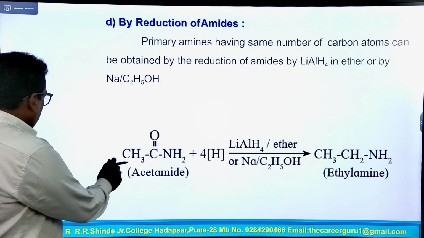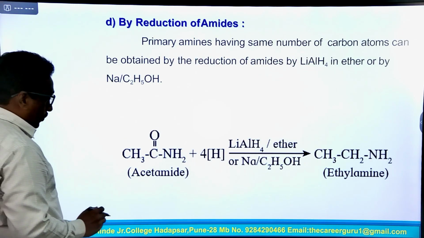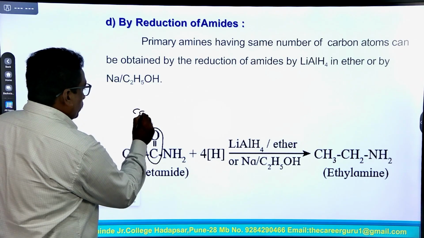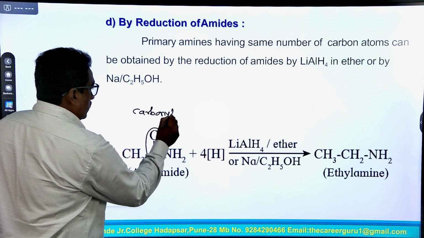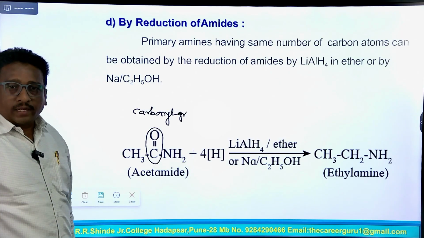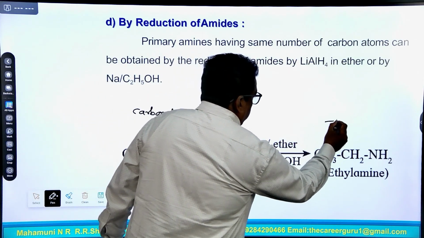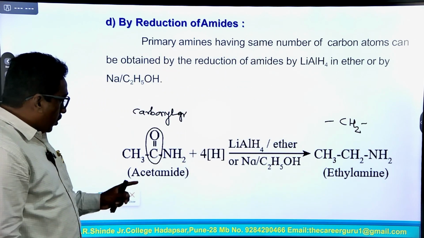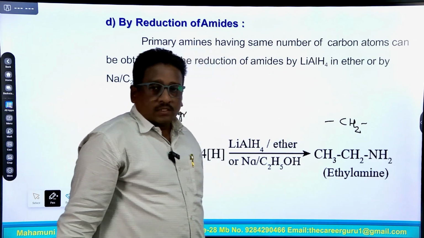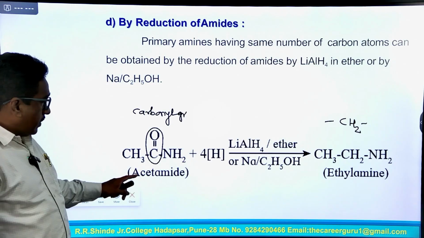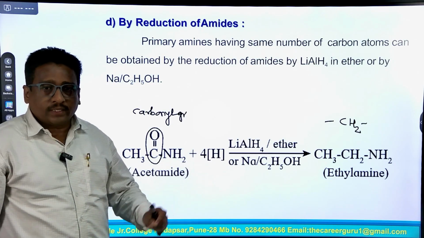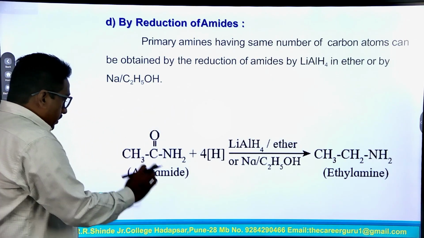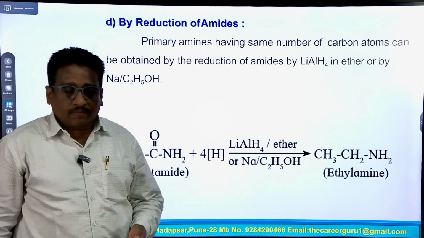In this reaction, the C double bond O, which is the carbonyl group, is reduced to a CH2 group, the methylene group, and ethyl amine is formed. So, in this reaction, amide or acetamide is converted into only a primary amine. This is the preparation method of amine from amide.